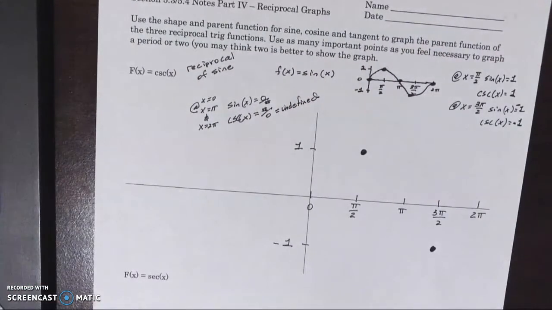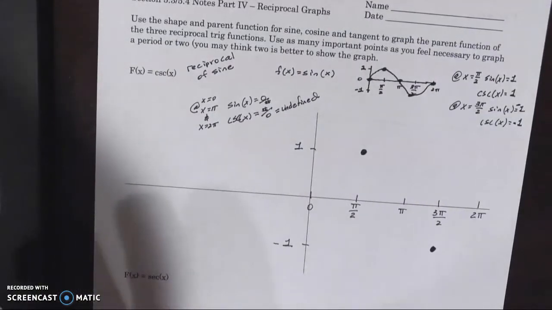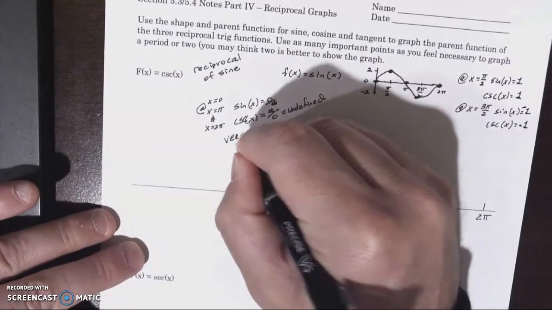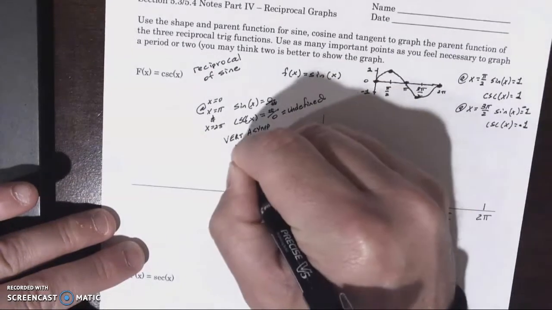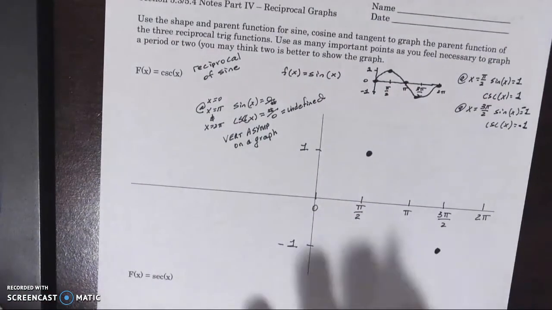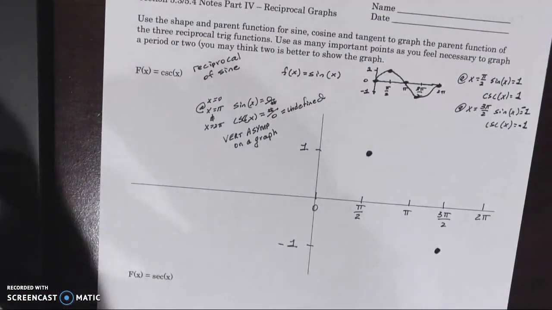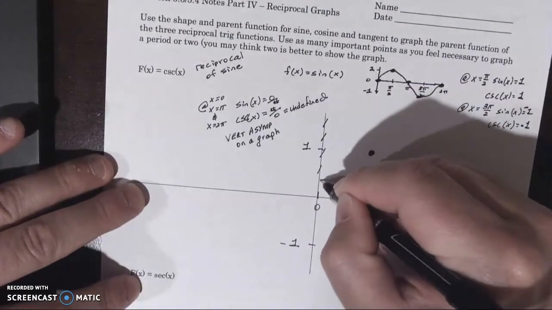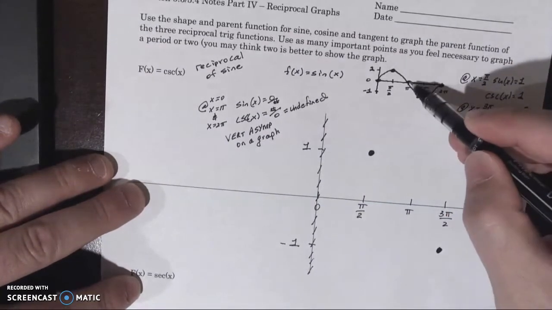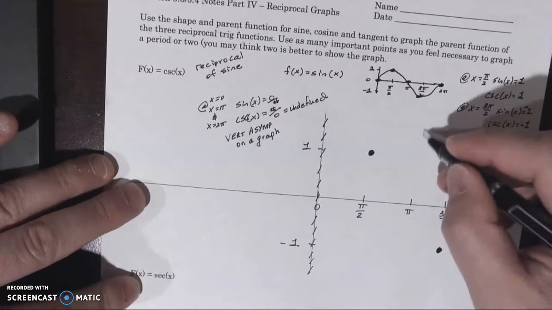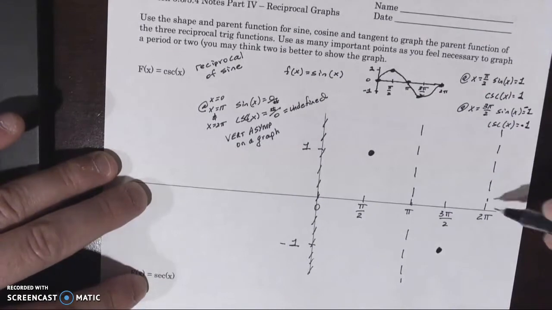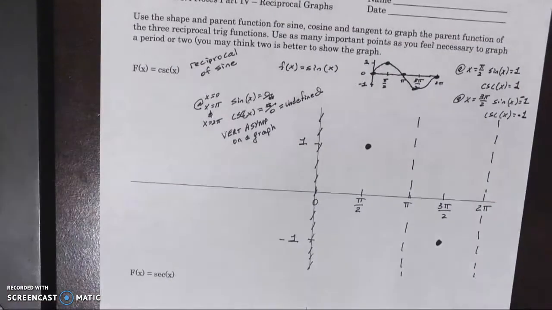And hopefully you also know that when there is an undefined x value in a domain, that leads to a vertical asymptote on a graph. So the graphical representation of an undefined point is a vertical asymptote, which means at every y equals 0 point on a sine graph, we will have a vertical asymptote on its reciprocal graph, or cosecant.